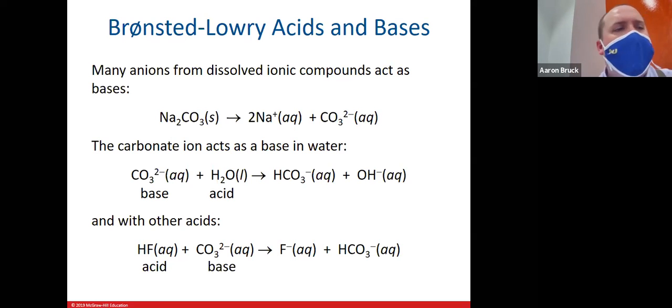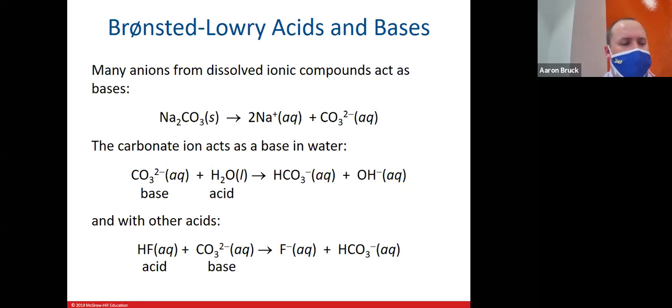Now, one other thing that comes out of Bronsted theory here is the understanding that we don't necessarily need hydrogen or hydroxide to identify acids and bases. So if I look at sodium carbonate, for example, we know that when sodium carbonate dissolves in water, it's going to give us sodium ions and carbonate ions.